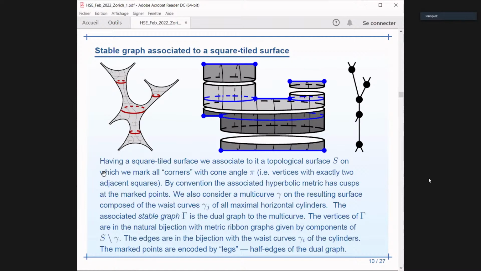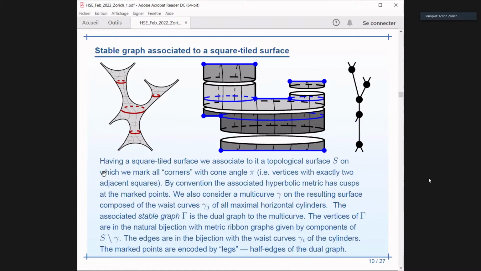No. On a hyperbolic surface, there is no notion of horizontal. I have a notion of horizontal on my flat surface because the holonomy of my metric lives in the group Z over 2Z.